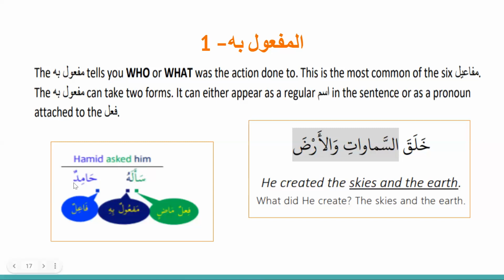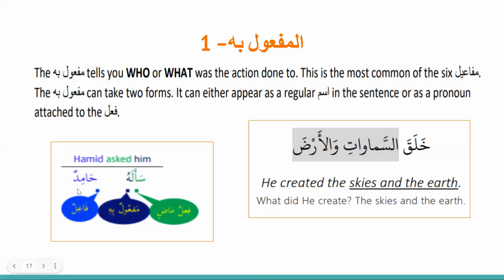Sa'alahu Hamidun. Sa'ala is what? Fi'l madi. And it has an inside doer, huwa. And if it's huwa form, then we have to look whether we can find another ism which is in rafa status as an outside doer. So we have that ism.